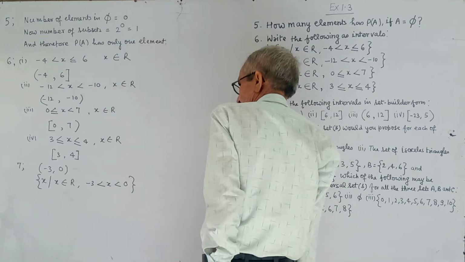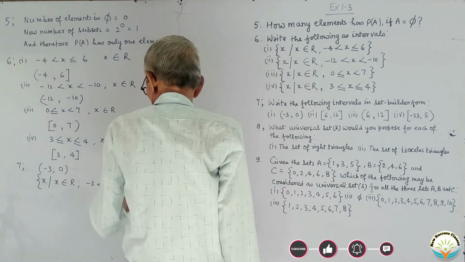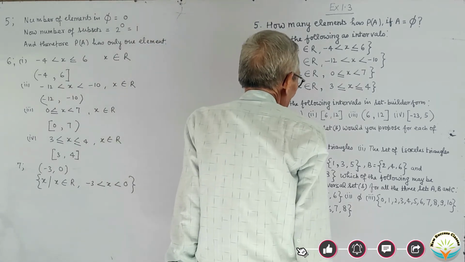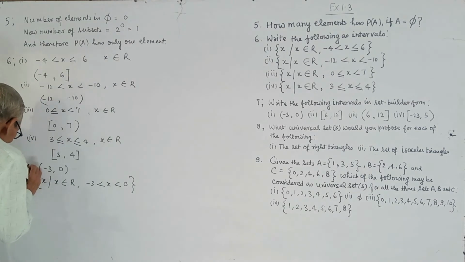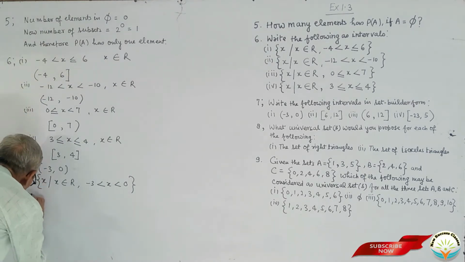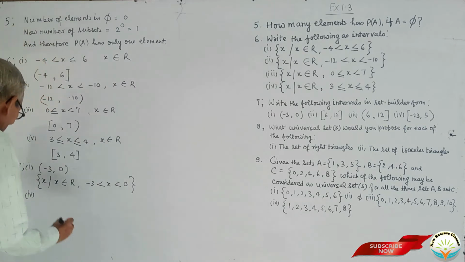Negative 3 is less than x is less than 0. This is the first. Now fourth. Fourth is negative 23 and 5.